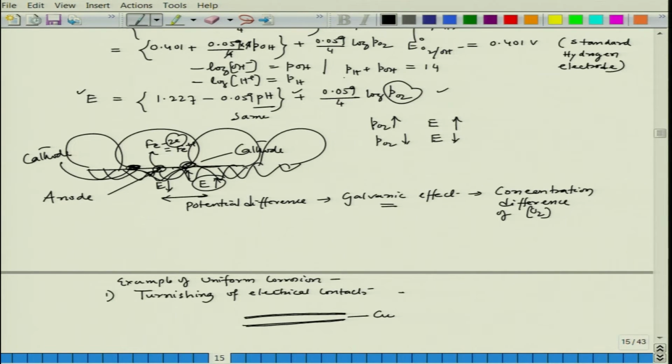Okay. Now, copper can go to CuO or Cu2O. Now, if there is a puncture somewhere here, or when you make the connection at the end part, the plastic cover is removed, and that particular part is exposed to the environment, and even here it is exposed to the environment.